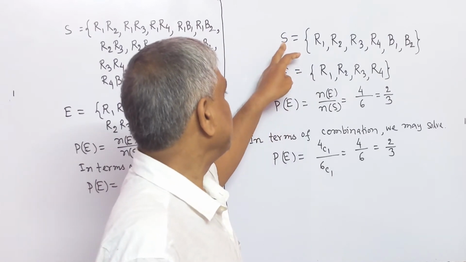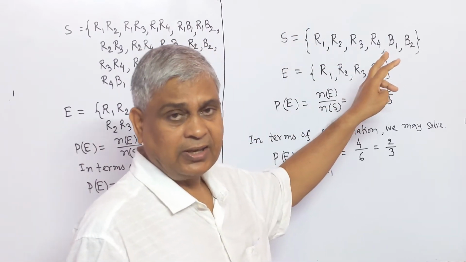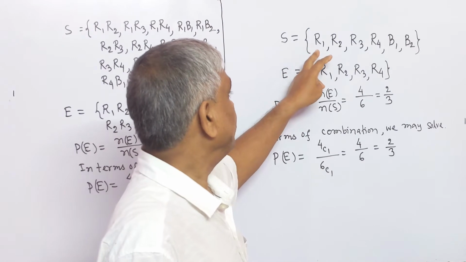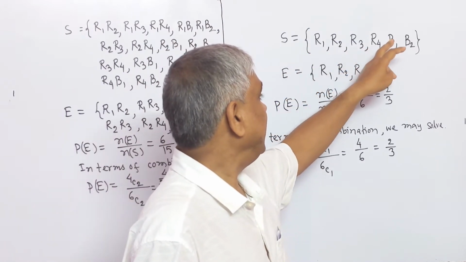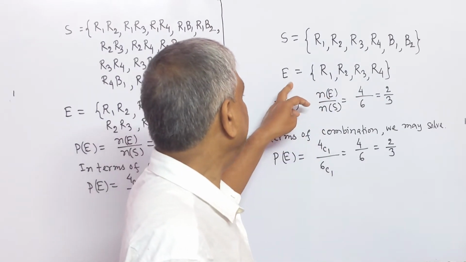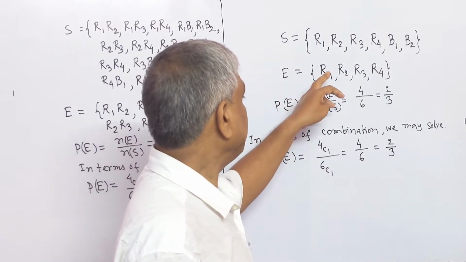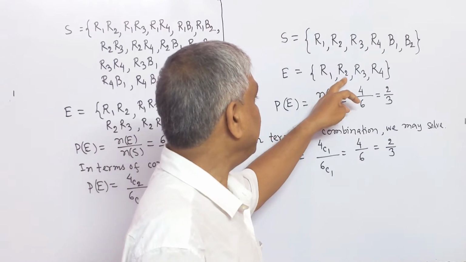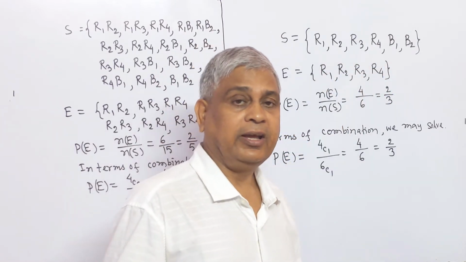Here S is the sample space containing 4 red balls and 2 black balls. So the event will be a set containing R1, R2, R3, R4.